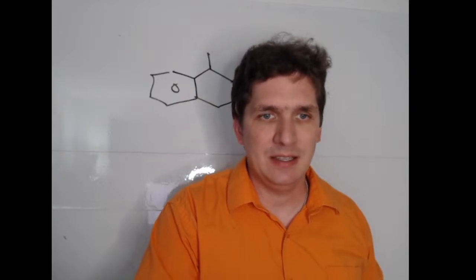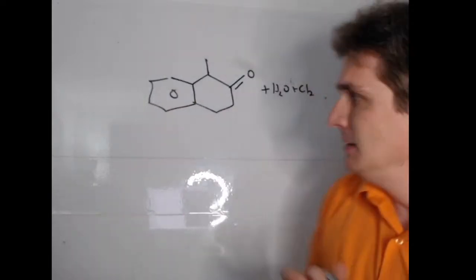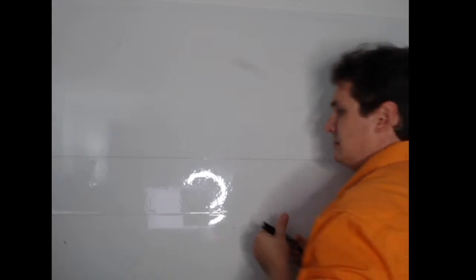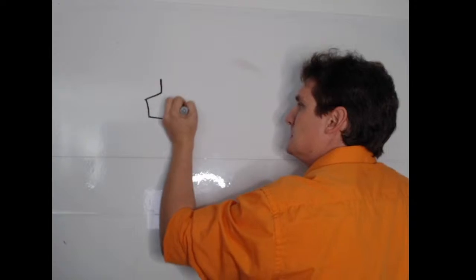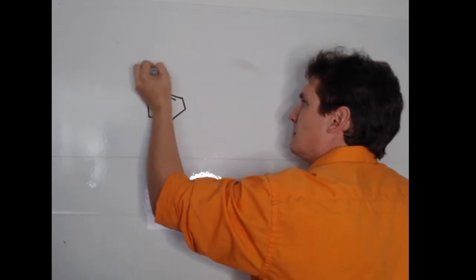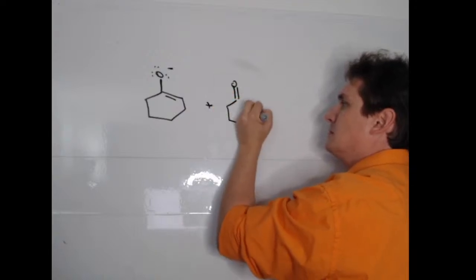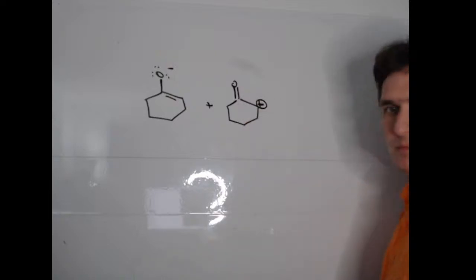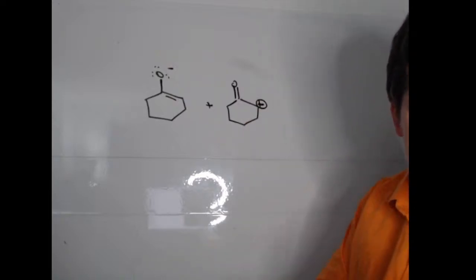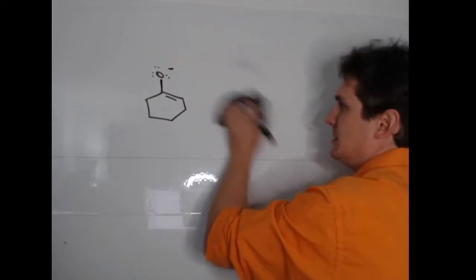Why does a double bond attack the ketone instead of the hydroxide? It's more about what you're forming. Why doesn't the double bond attack the ketone instead of the alkoxide?